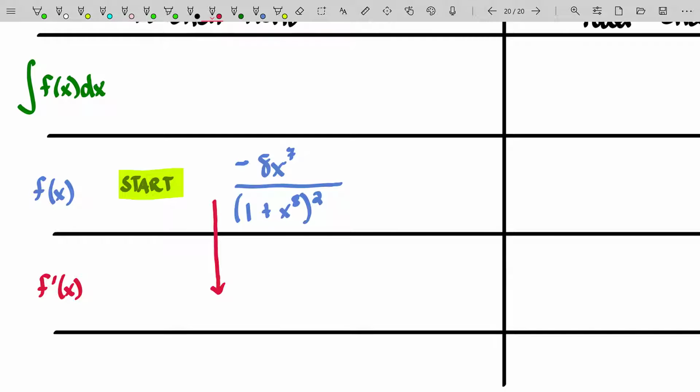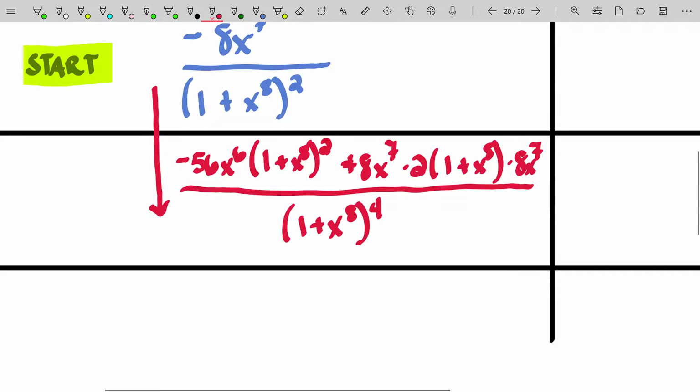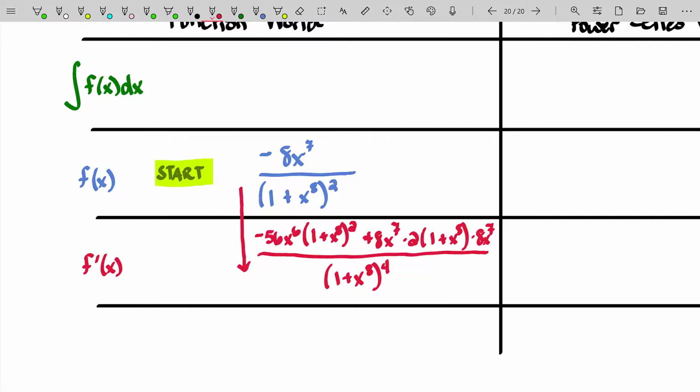if I decide to go down to take the derivative of this function, well, that means I would take the derivative of this function. Now, if you want to, you could try to clean that up and see if you can create a power series out of that. But I'm telling you right now, I don't think you're going to be able to create a power series out of that.